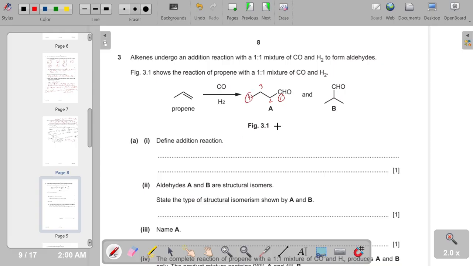Addition reaction means you're breaking this double bond and converting into the product. So addition reaction is addition of a substance by breaking a double bond.